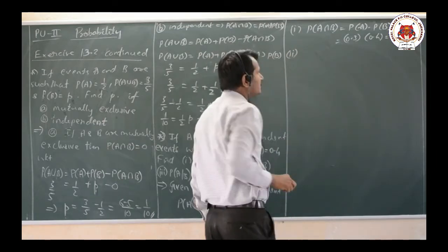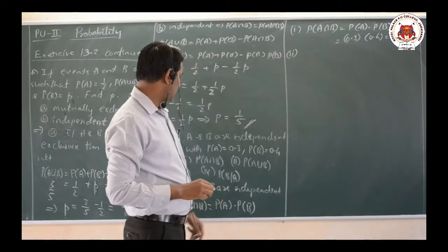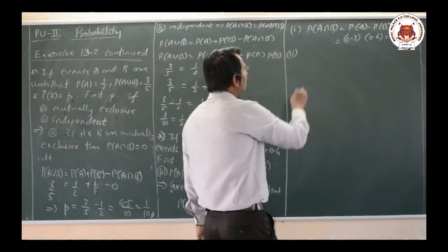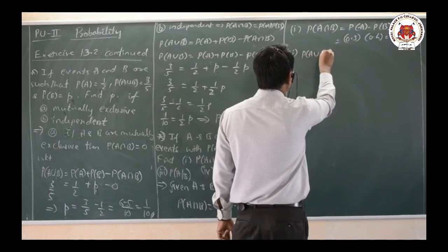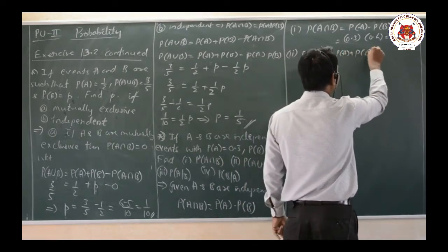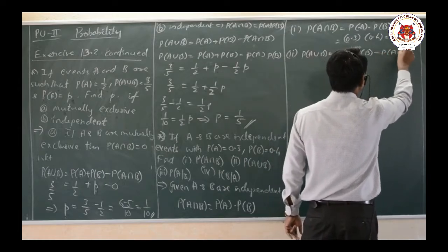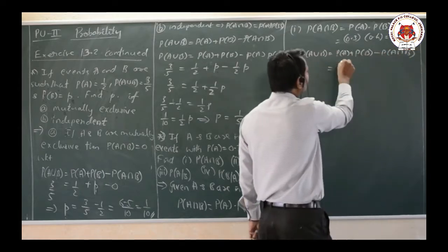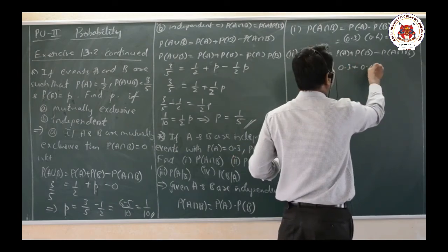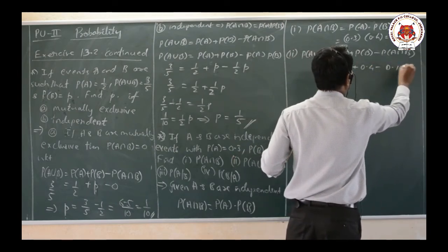Okay, dear students, now let us move on to the second one. Second one is P of A union B. P of A union B is equal to P of A plus P of B minus P of A intersection B. Now P of A value is 0.3, P of B value 0.4, minus 0.12.